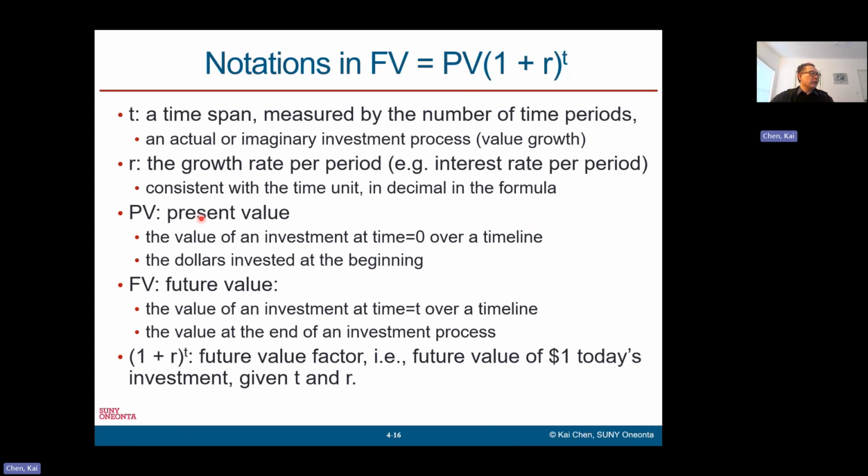Then let's look at the FV. FV represents the future value. That is the value of investment at time equal to T over a timeline, the value at the end of an investment process. That is the dollars you can receive at the end of your investment.